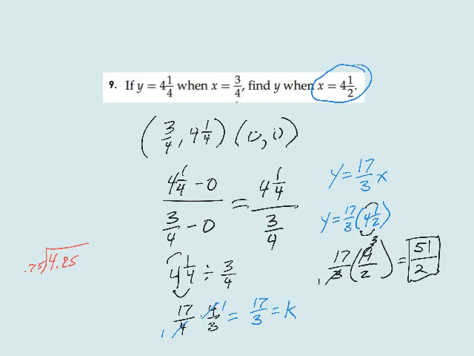If you wanted to do it that way, you'll end up with the decimal equivalents of 17/3, which is 5 2/3, which equals 5.6 repeating, and that just gets sloppy as can be. So you'll end up with the same answer. By the way, if you did it with the decimal, take 51 divided by 2, you'll get 25.5 as your answer to the other part.